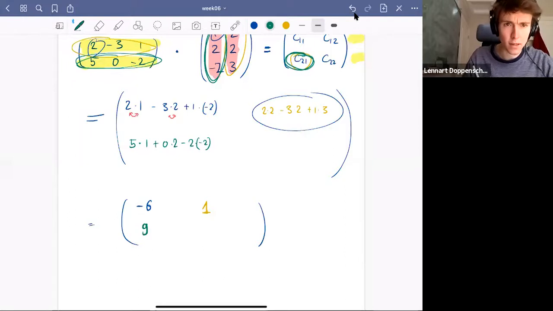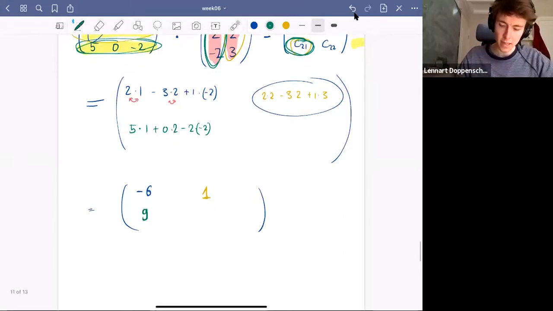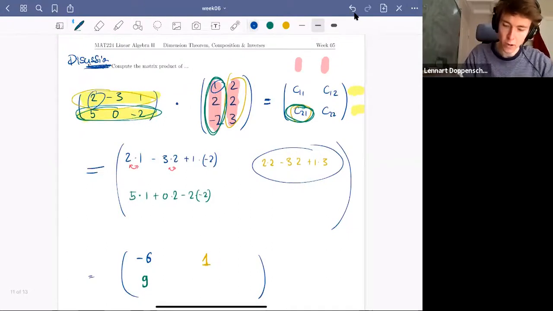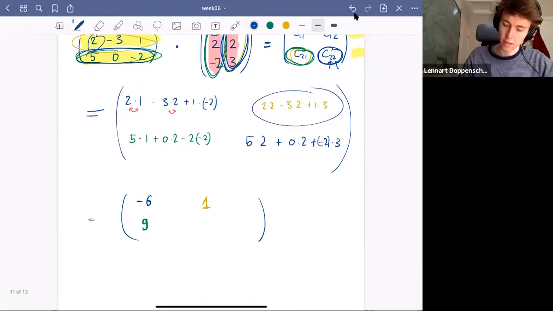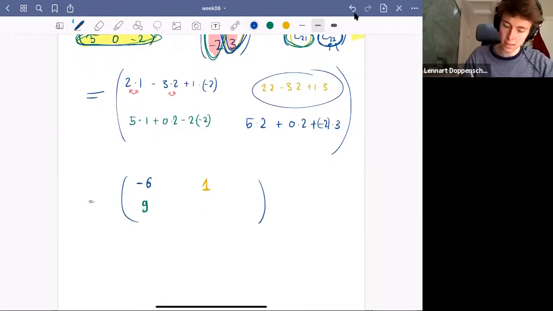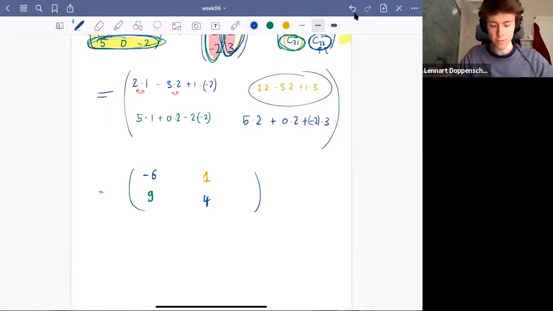It's going to be 9. Yes, you got the same result. And finally, in the bottom right, we take the right column and the bottom row. So this is the second row, second column, and then we get 5 times 2 plus 0 times 2 plus -2 times 3. This is going to be 10 minus 6, and this is going to be 4. All right, and this is the result.